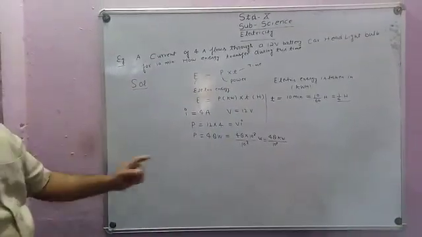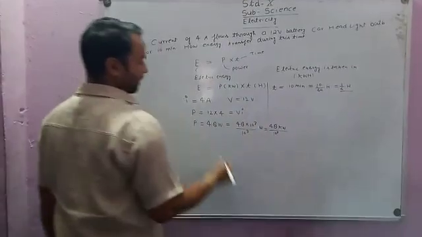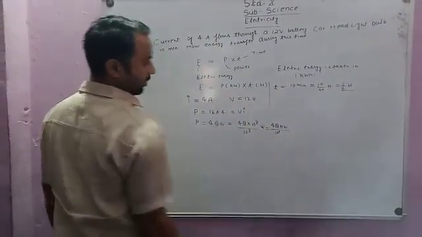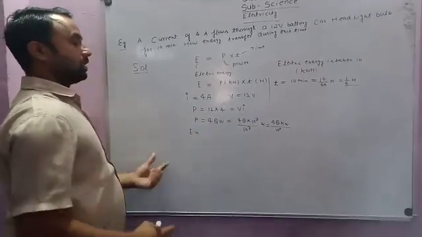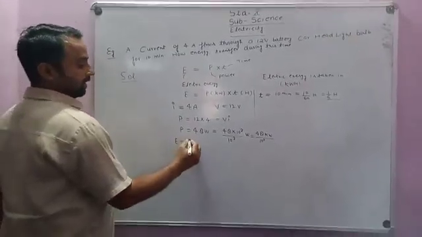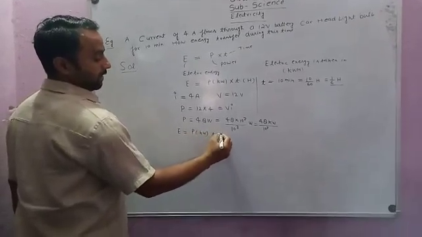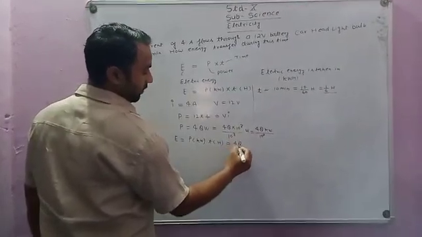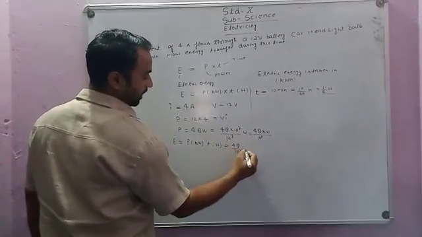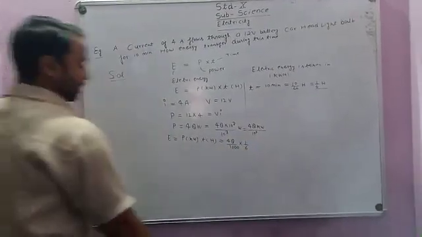So time is calculated in hours, power is calculated in kilowatt, then electrical energy is to be calculated. So we have to write 48 divided by 1000 into 1/6.